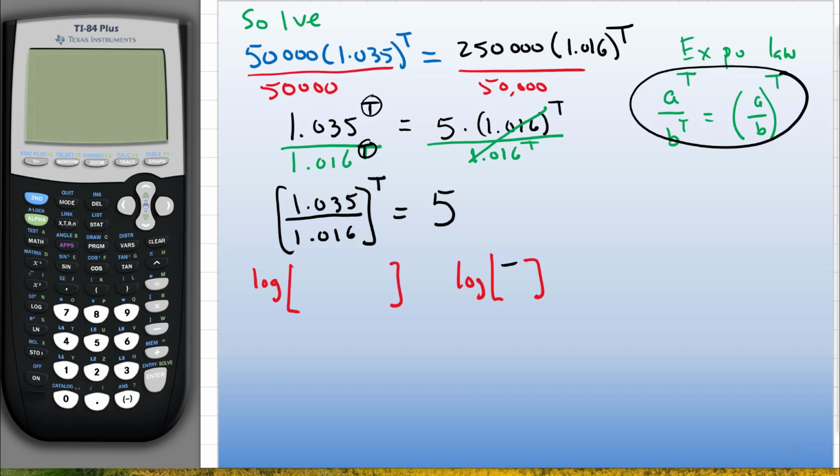So I took the black equation and I put the log on both sides of it. I have an exponent law, and I can take that exponent out.